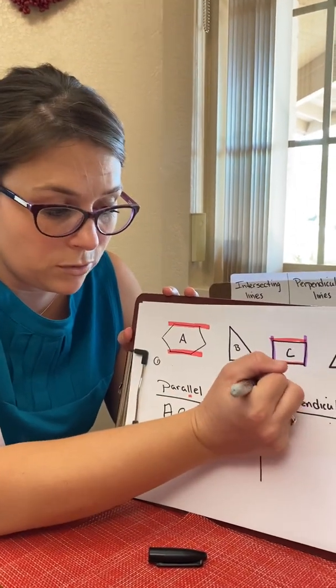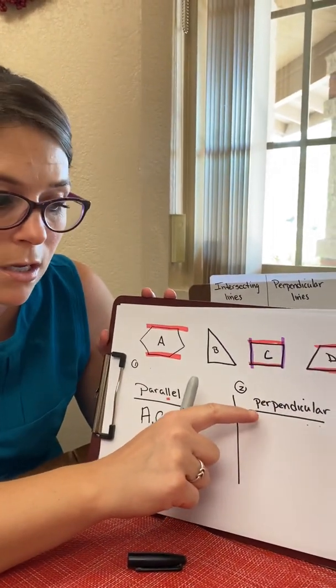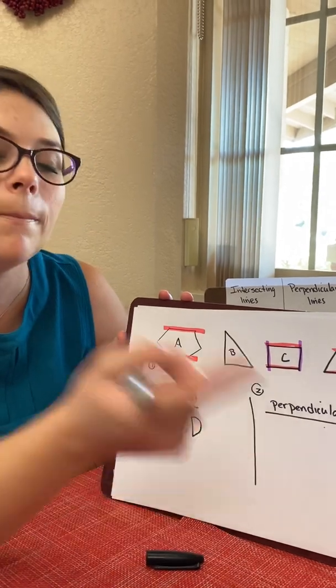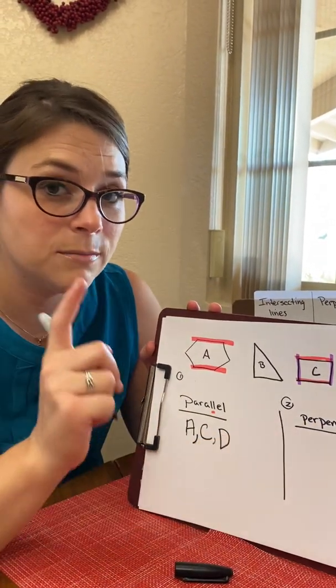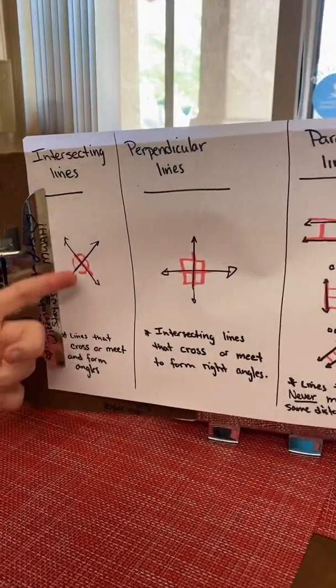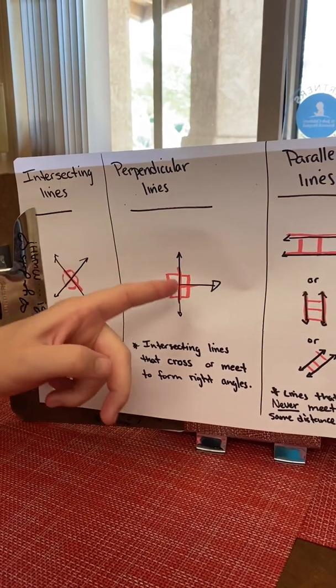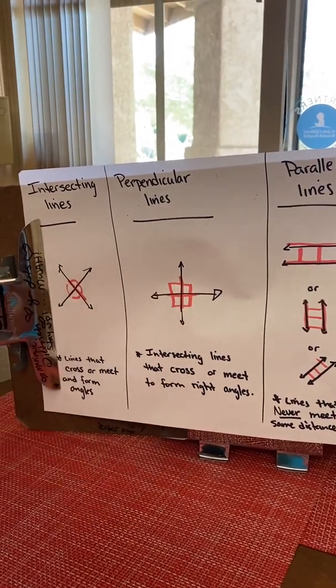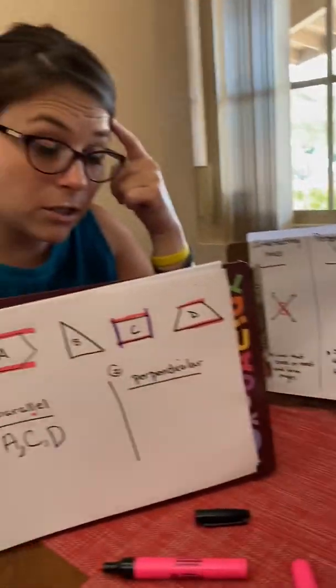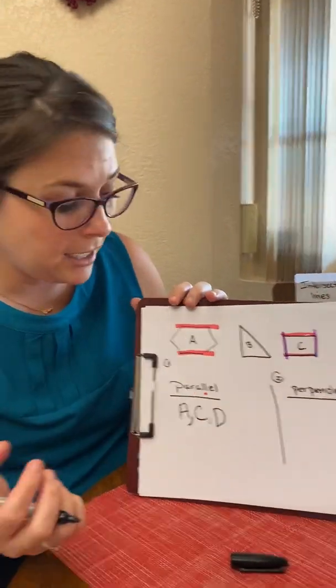Question number 2 is now asking which shapes are perpendicular. So I'm going to go back through all the shapes and see if I have any shapes that are perpendicular. Remember, I'm not asking about intersecting. I'm not asking if they cross. I'm asking for perpendicular. Do they cross and do they form that right angle? So you got to think to yourself, are they making that right angle?